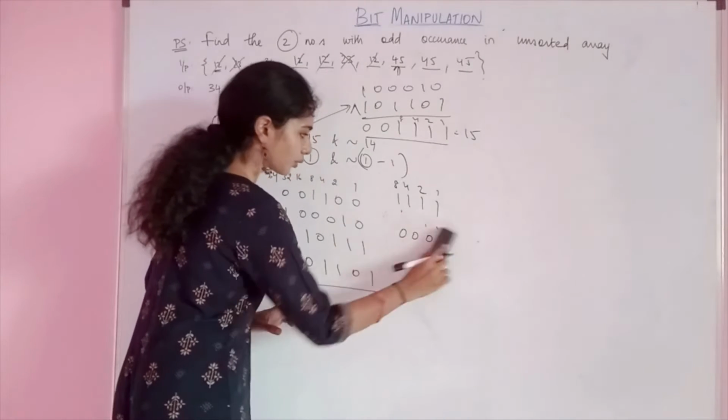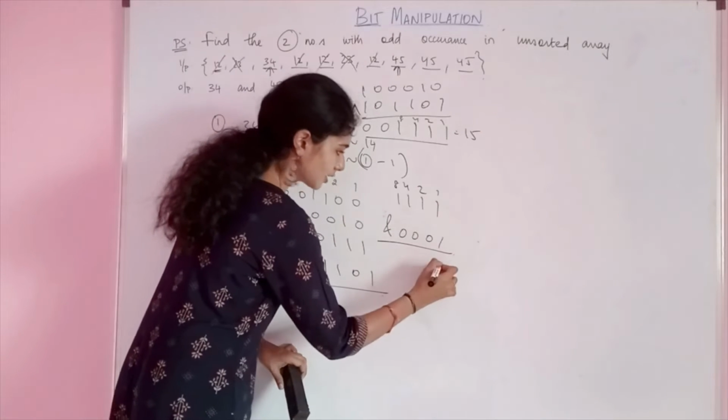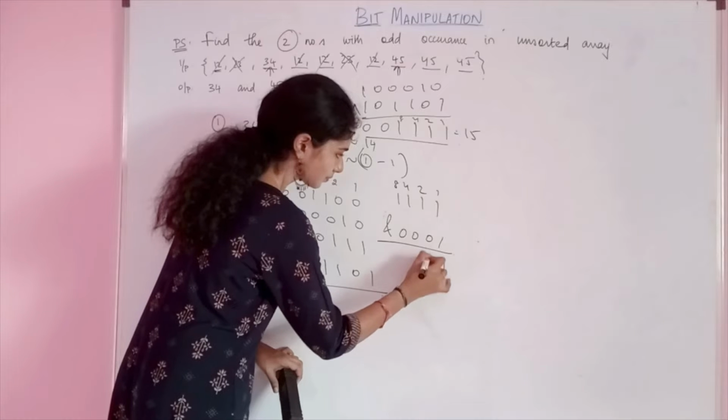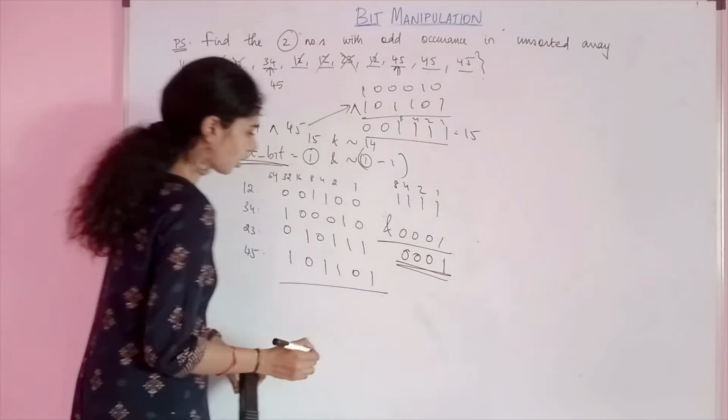And what are we going to do? We are going to use the AND operator. So what is happening is that you get 1, 1, 1, so you get 0, 0, 0, 1. Alright.